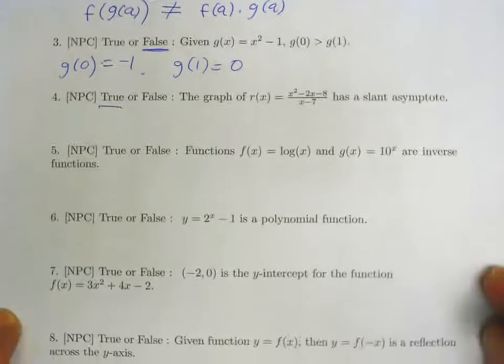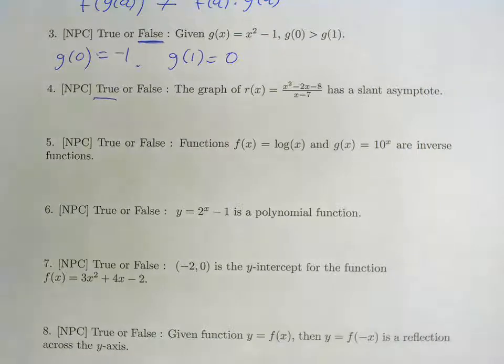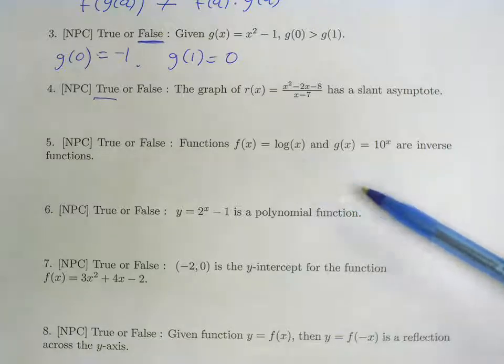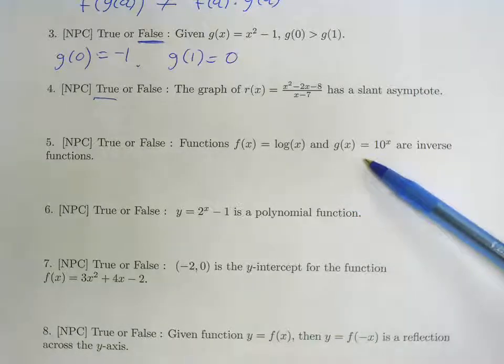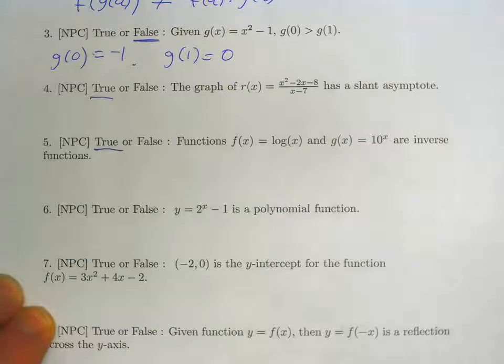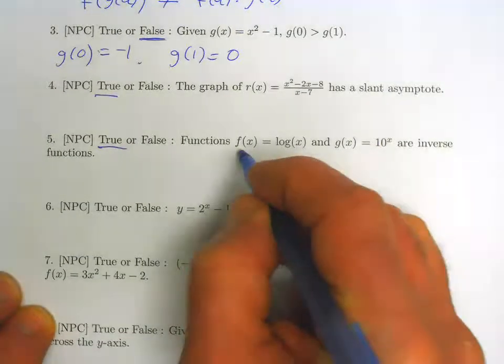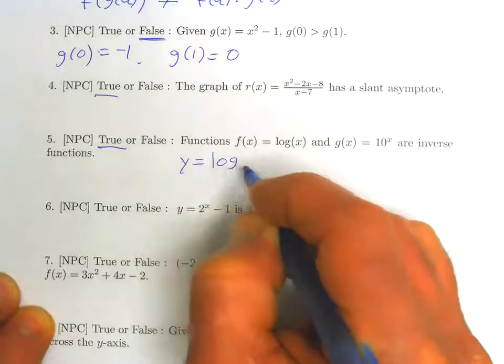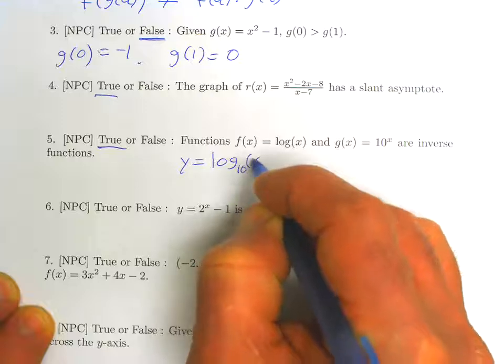Number 5, true or false? Functions f of x equals the base 10 logarithm of x, and g of x equals 10 to the x are inverse functions. This is true if you just find the inverse of one of those functions. Y equals log base 10 of x.